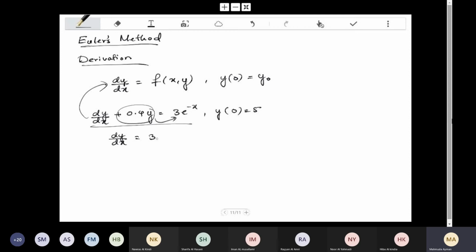That will be 3e to the power minus x minus 0.4y. Now it is in the format that we want, that is dy/dx equals the function of x comma y, with the initial condition y0 equals 5.